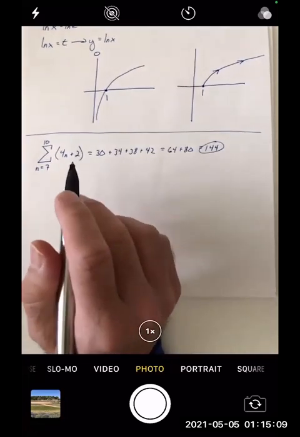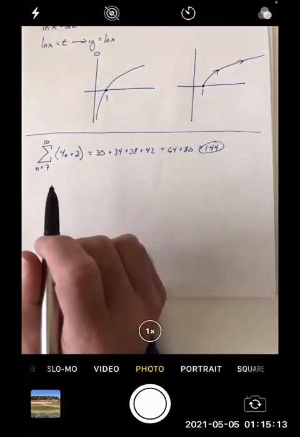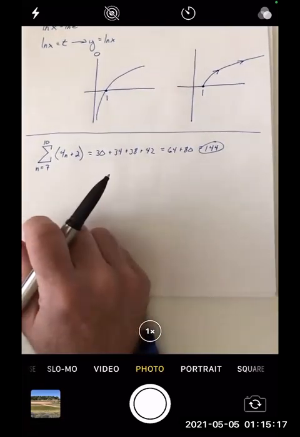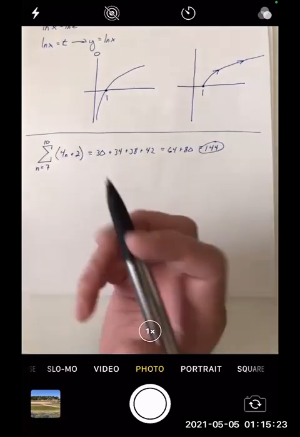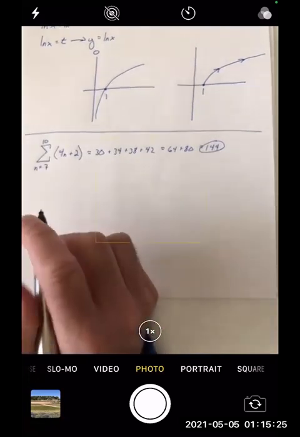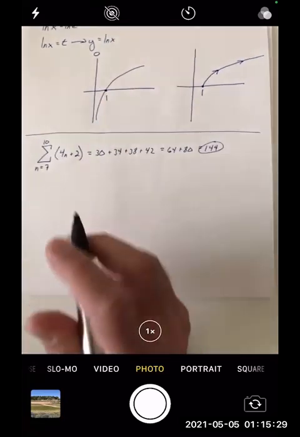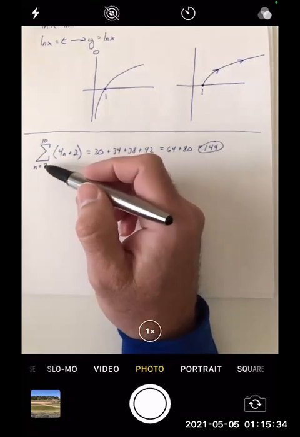I wouldn't give you a big one to calculate if you couldn't use the formula. I don't think that would be fair, because I don't want you to plug in like 93 values and have to add them up. But if it went from 1 to 100, sure, that one's fine.